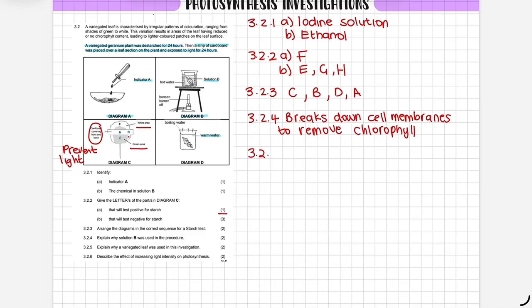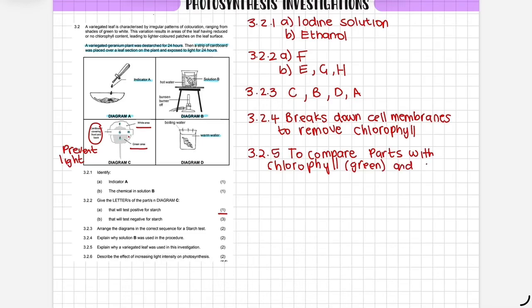Next question is asking why a variegated leaf was used. We know that a variegated leaf has two colors, the green part and the white part. So in this case, we're using it to compare the parts that are green and the parts that are white. You know that the parts that are green have chlorophyll, while the parts that are white do not have chlorophyll.